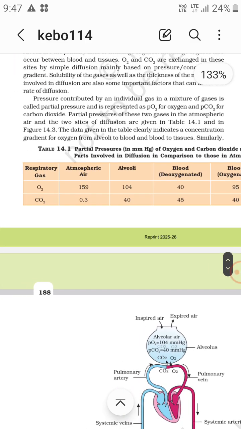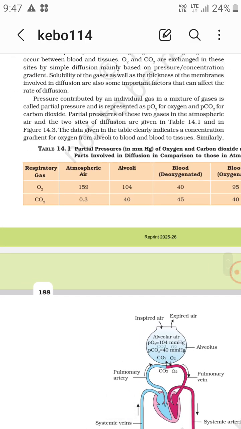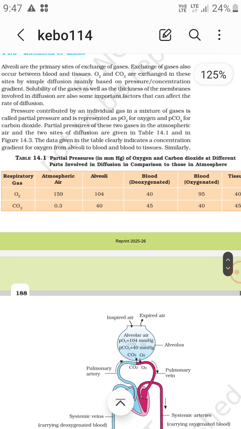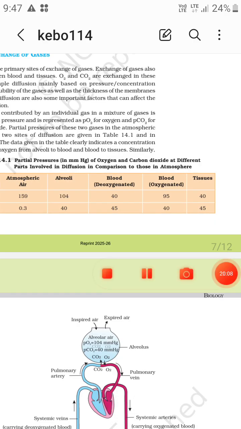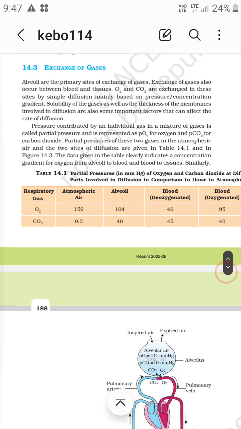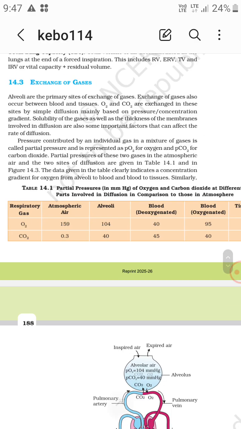Now the respiratory gases are O2 and CO2, in atmospheric air, then alveoli, then deoxygenated blood, then oxygenated blood, and then the tissues. In atmospheric air, oxygen is 159 and CO2 is 0.3, right?